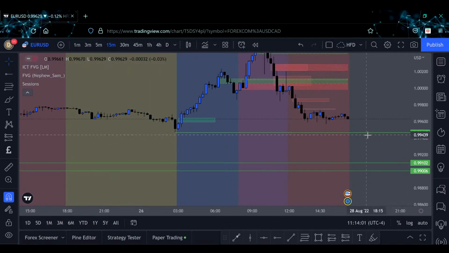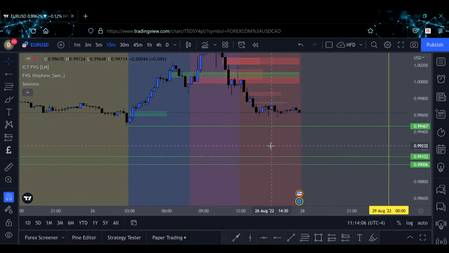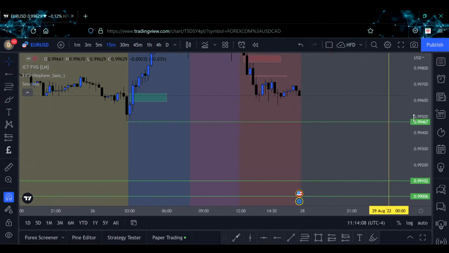Let's see, our low liquidity levels are most likely to be targeted. Continuation down.